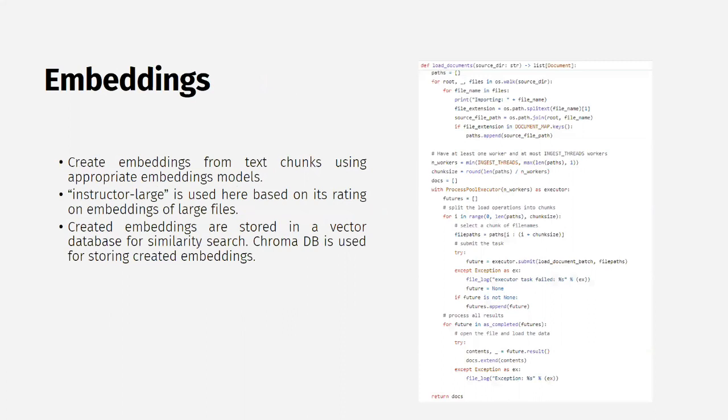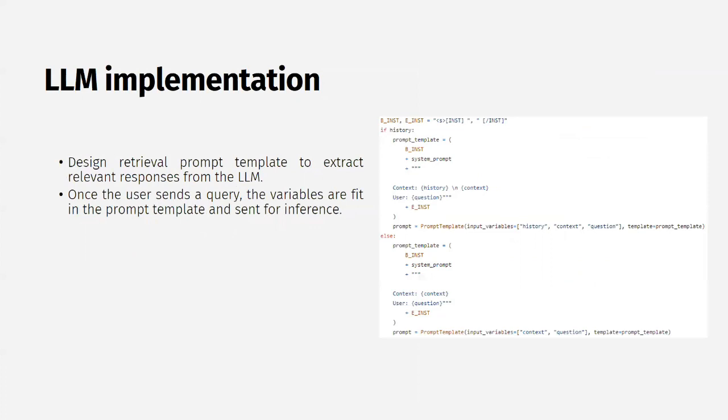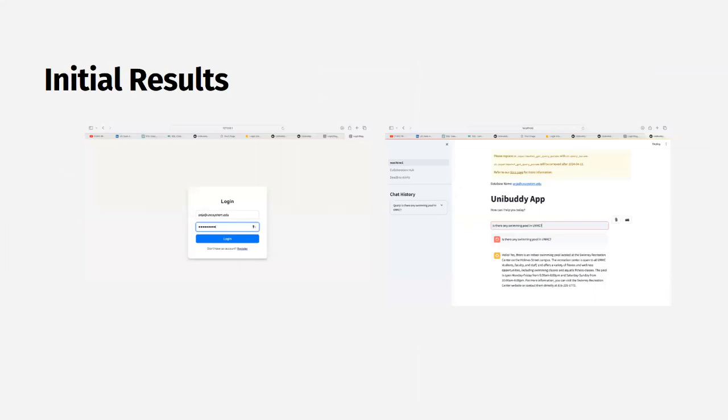Then we create embeddings using the Instructor Large embedding model. And then Mistral AI will come into the picture, and this will be responsible for similarity search of vectors and providing the response to the user.